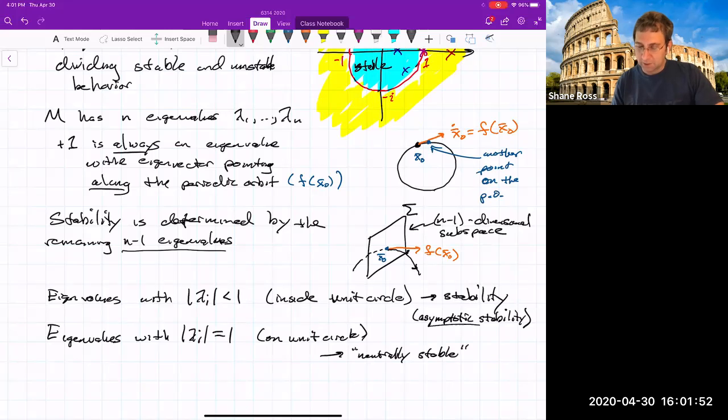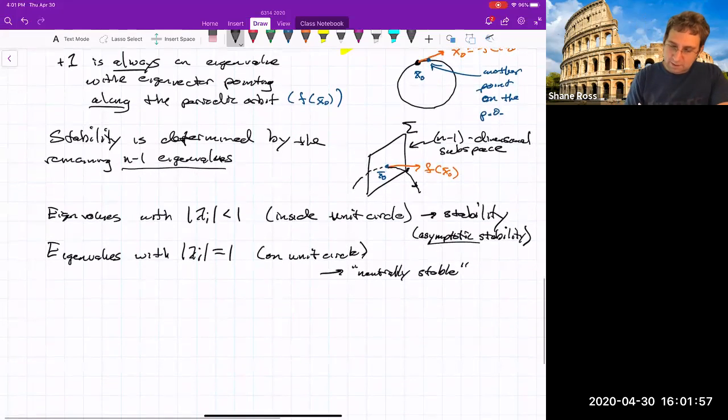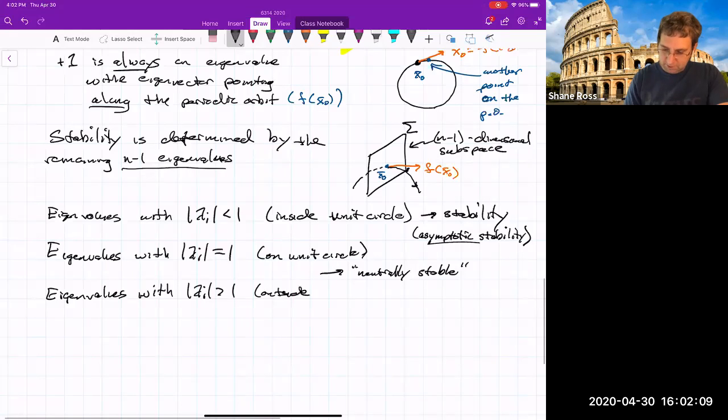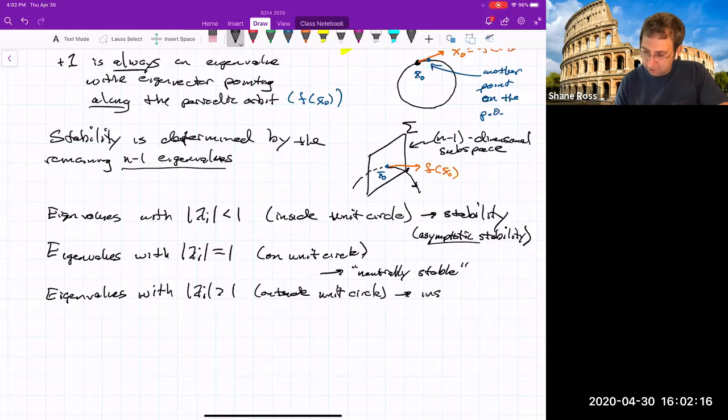There's no asymptotic stability. The perturbation doesn't shrink, it just doesn't change in magnitude. And of course, that's the dividing line between stability and instability. So eigenvalues with their modulus greater than 1, that's outside the unit circle. This corresponds to instability, or those are unstable directions.